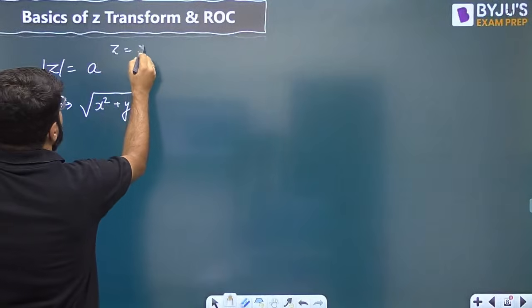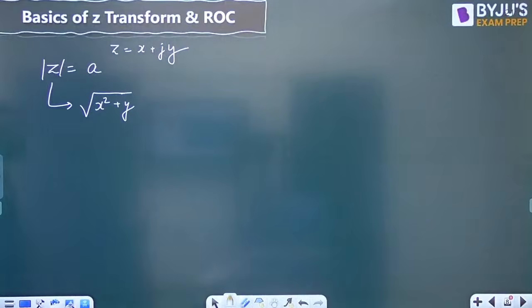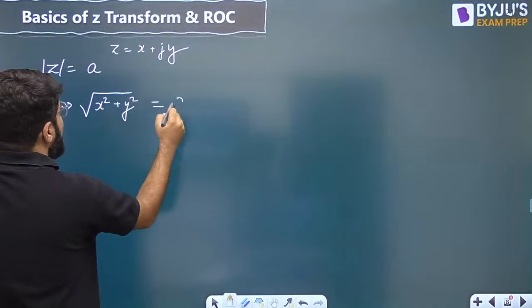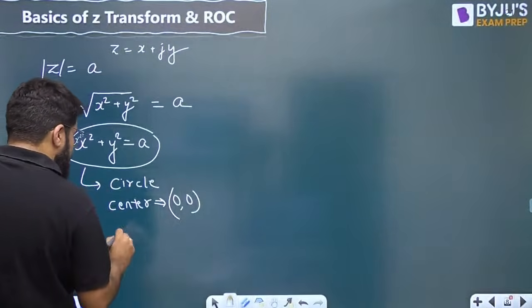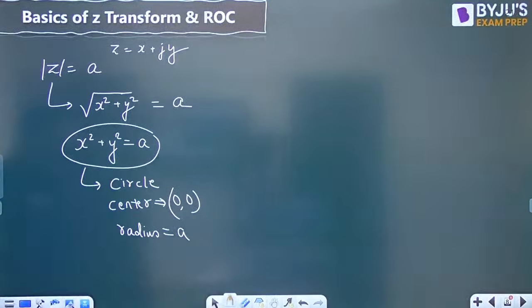If you take Z is equal to x plus jy, that is in the Cartesian form, the modulus of Z is given by the square root of x square plus y square, and that is equal to A. So I have x square plus y square equal to A square, which is a circle, and this is going to be useful in our discussions, the circle with the center at origin 0, 0, and the radius equal to A units.